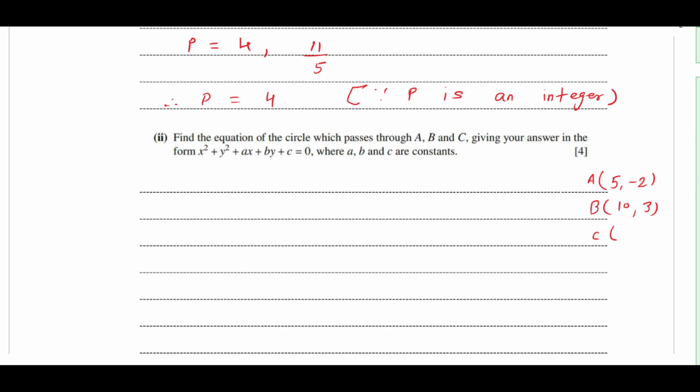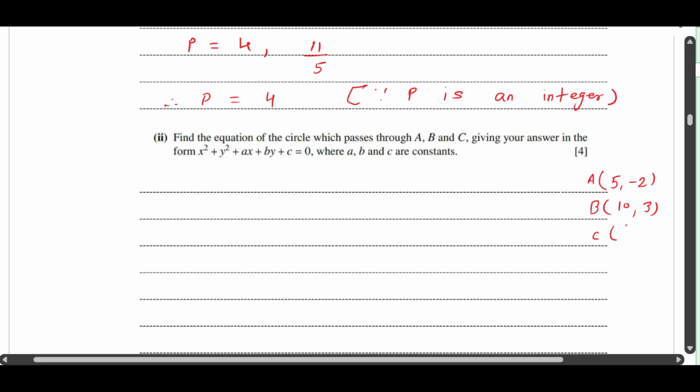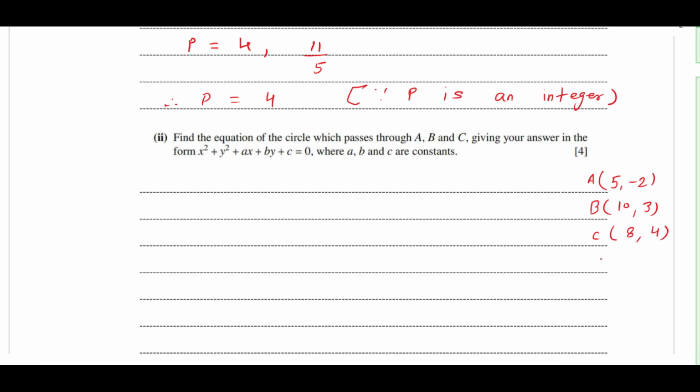And C, which is 2p comma p, becomes 8 comma 4. Now the circle is passing through these 3 points. When you know that the circle is passing through these 3 points, then what will you do? Any clue what we can do here?